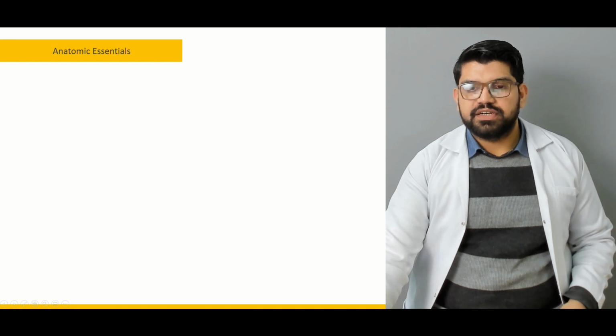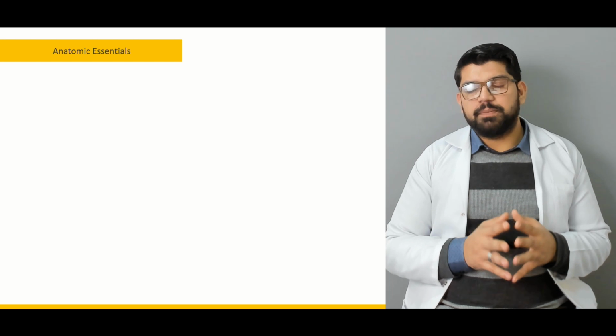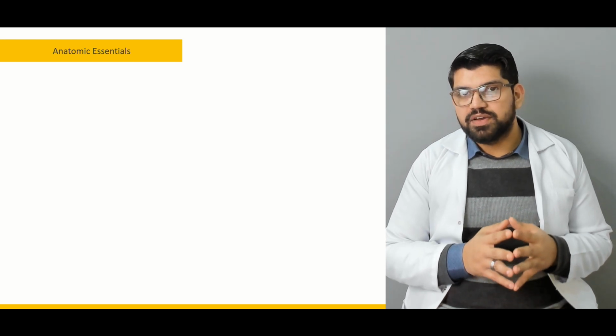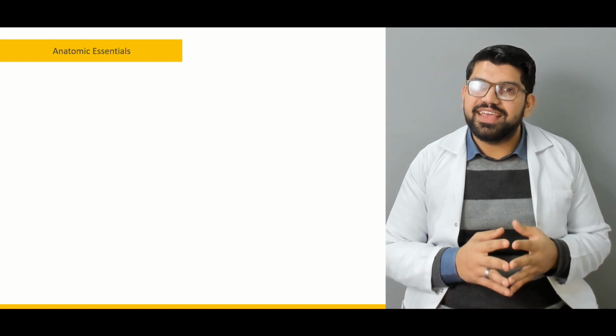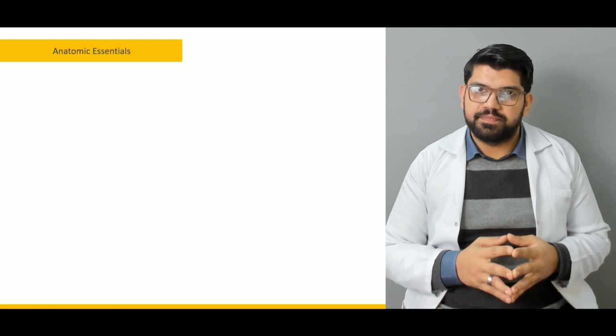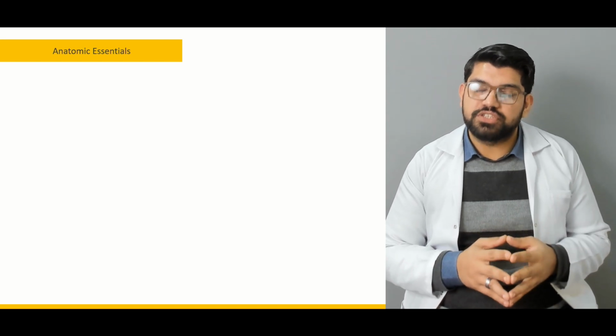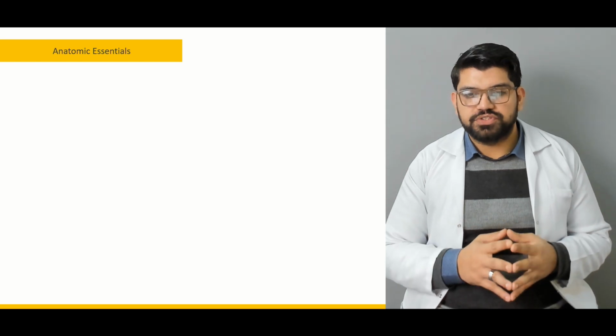Before going further, let me explain to you how to approach a patient with vomiting or diarrhea. Because what you're concerned about is the outcome of vomiting and diarrhea. What should be the disposition of this patient? First, let me summarize an approach.